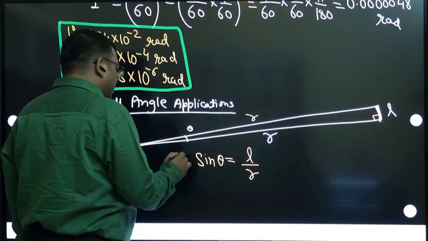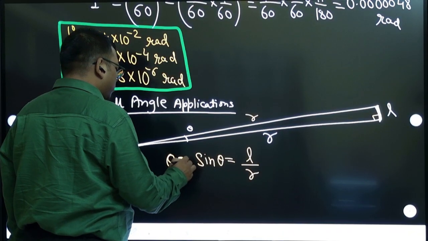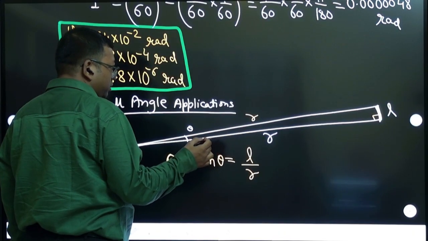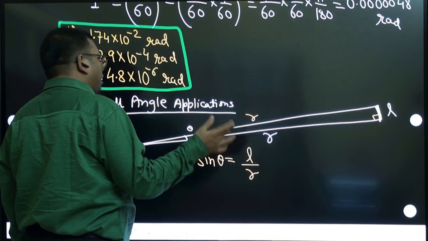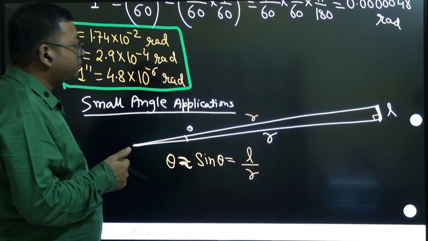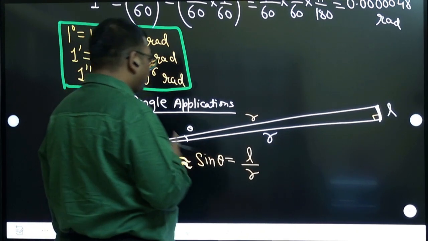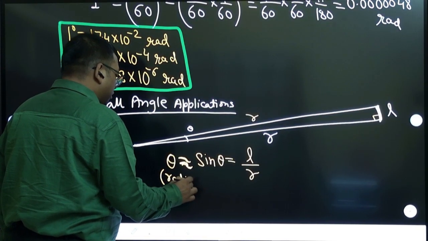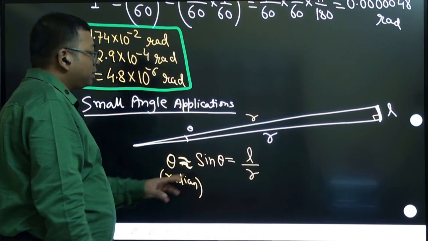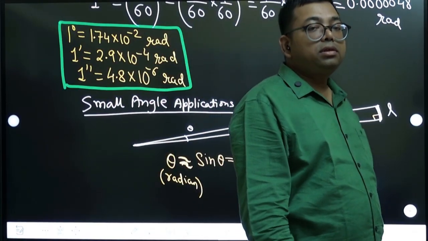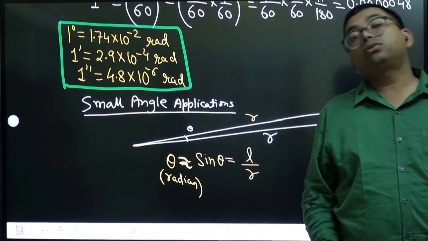So that's what you can see, sine theta and theta can be almost approximated as well. Why? Because sine theta is perpendicular by hypotenuse, but that perpendicular line is like the arc length L, because that line is very, very small. Remember this theta here is in radian, not in degrees. In sine theta you can write the angle as degree, it doesn't matter, because sine 180 degree is 0, or sine pi is also 0.